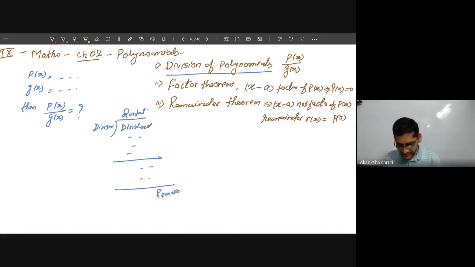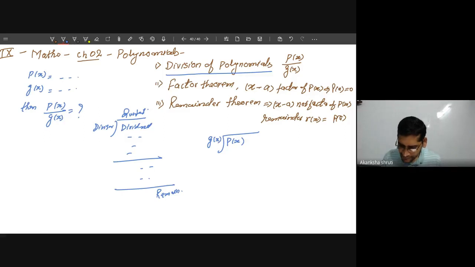Whatever is applicable for numbers is also applicable for polynomials. Here we are interested in dividing the polynomial p(x) by another polynomial g(x).